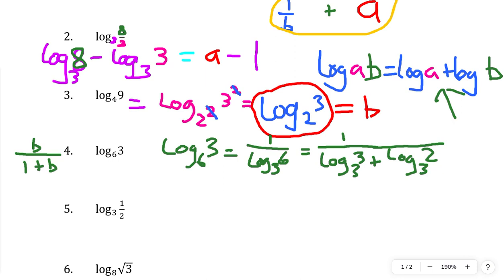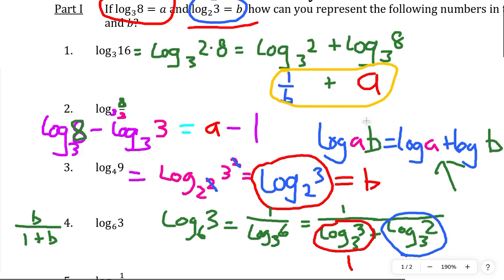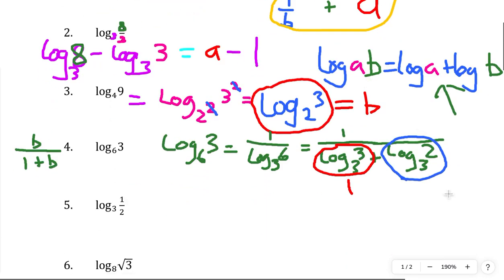And the reason why, hopefully you can see, is that this right here is 1. And this right here, I'll make it blue. I wanted to say it's b, but it's actually not b. It's 1 over b. Because b is actually log 3 base 2.